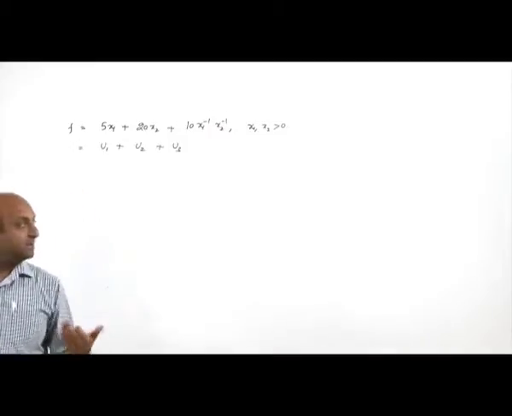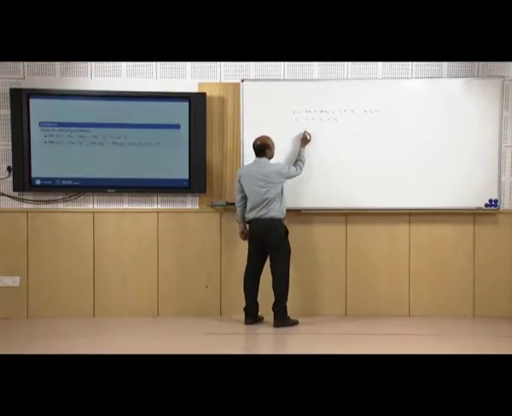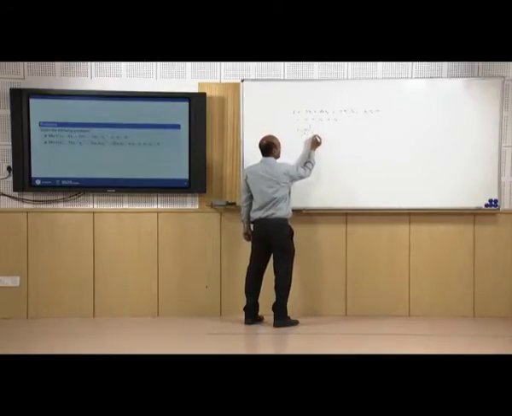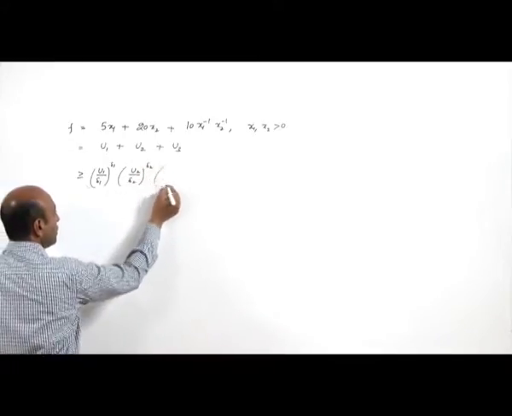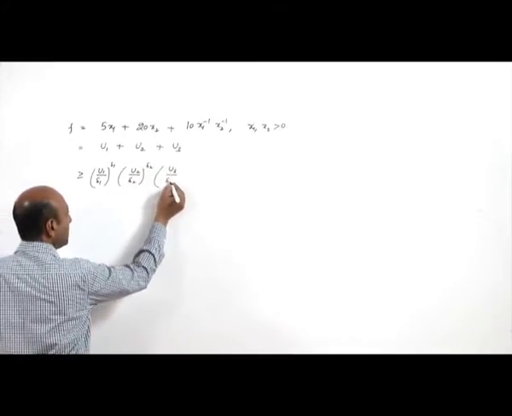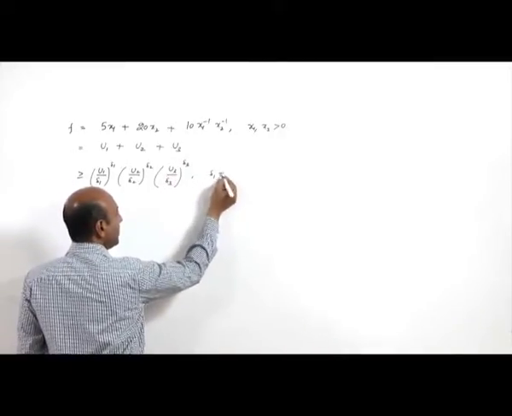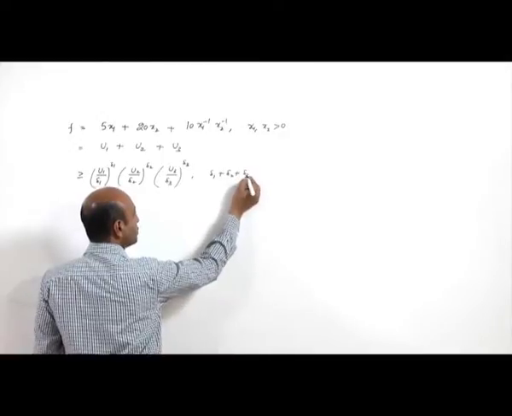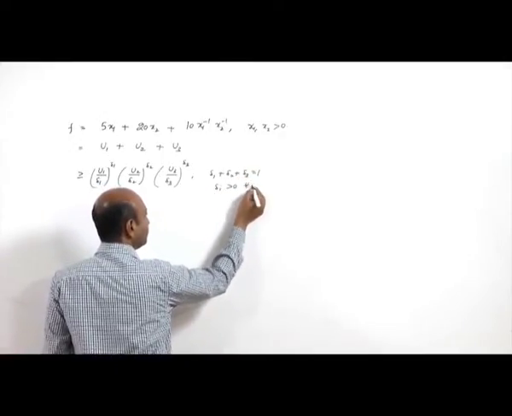Now, we will apply the same inequality, that is, f is greater than or equal to (u1 upon delta 1) whole raised to power delta 1, (u2 upon delta 2) whole raised to power delta 2, (u3 upon delta 3) whole raised to power delta 3, such that delta 1 plus delta 2 plus delta 3 is equal to 1 and all delta i's are greater than 0.